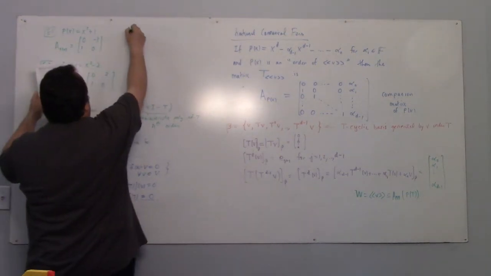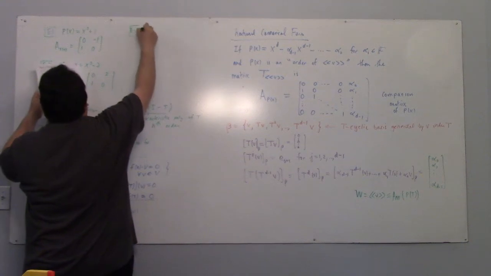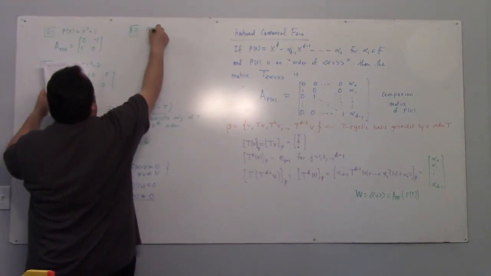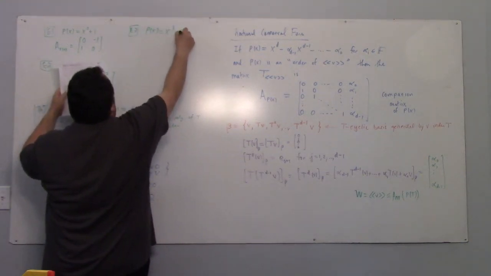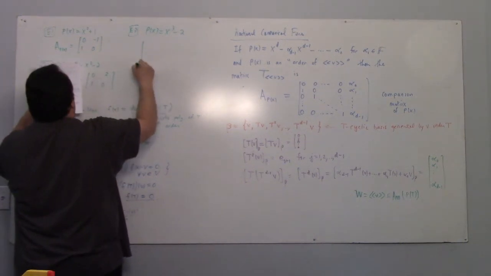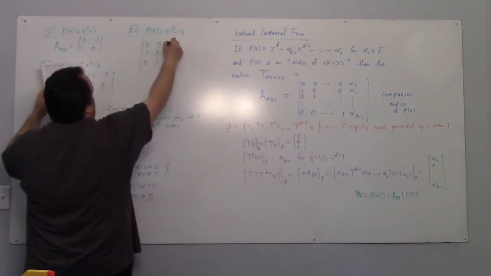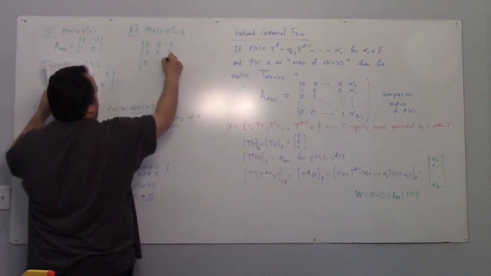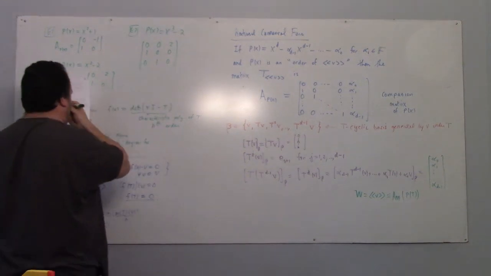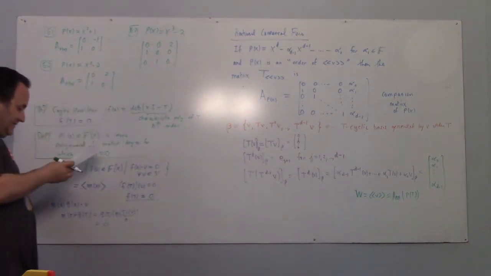And finally, a bigger one. If p of x is x cubed minus 2, then that gives you 0, 1, 0, 0, 0, 1, and then you get 2 up here, and 0s down here. So these are companion matrices.